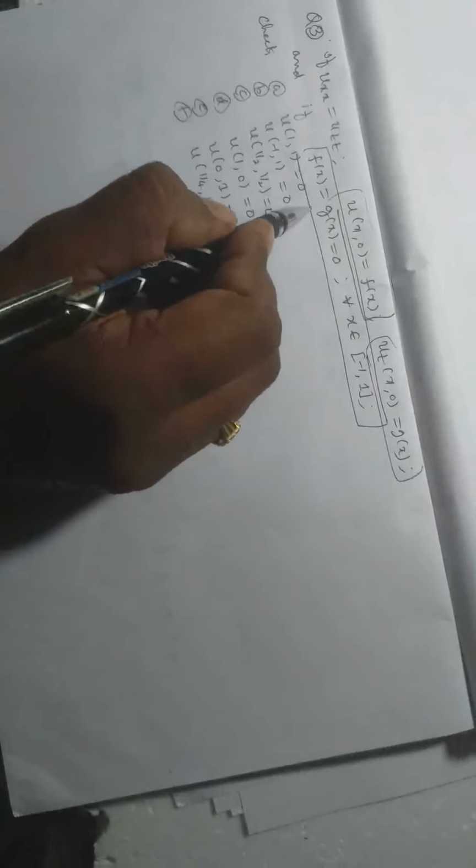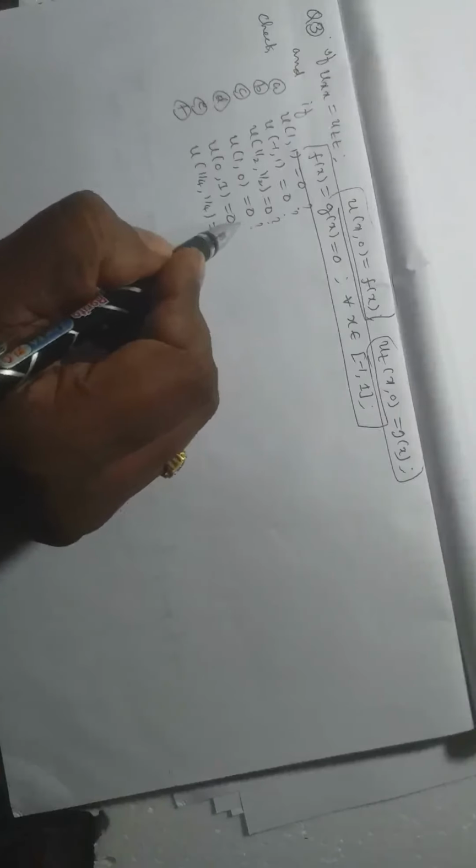The second question: u double x is u double t, the wave equation, again c is 1 here, and this is f of x and this is given by g of x. Given this condition, you need to verify whether u of 1 comma 1 is 0, whether this will work.